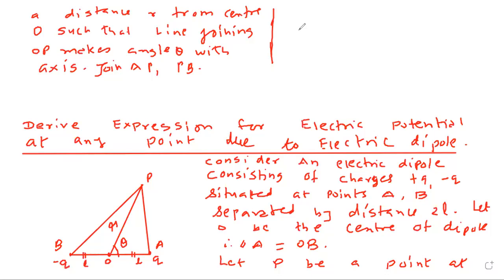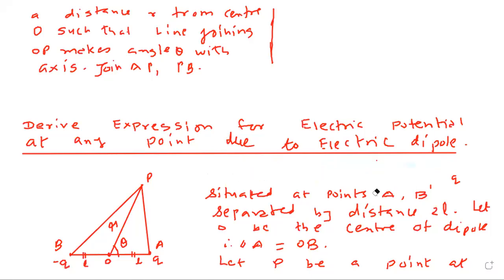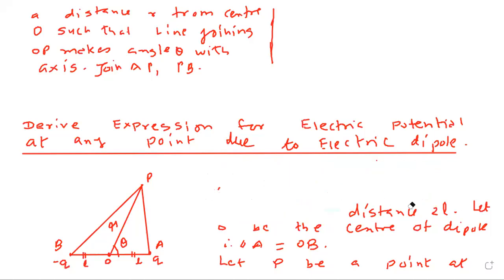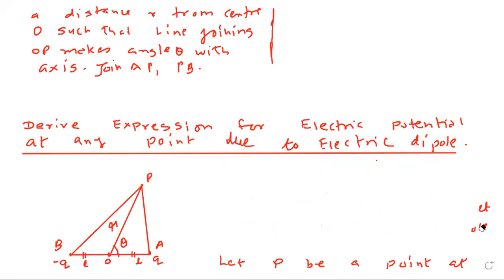Yes, you all have completed writing till join AP, PB. Yes, Saddam. Okay. Now, what is the formula for potential due to charge Q at distance R? Potential at point P due to charge Q at distance R. It is 1 upon 4 pi epsilon naught Q by R.